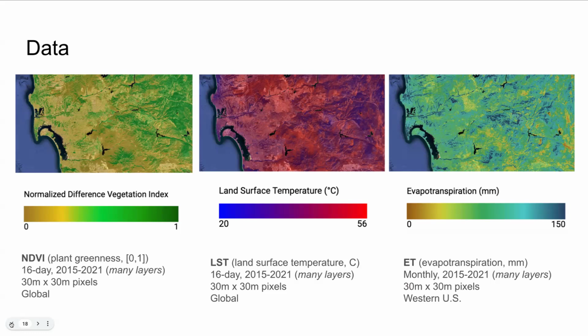And every 16 days between 2015 and 2021, we have an image of NDVI and of the land surface temperature. And then finally, evapotranspiration. We also have that, monthly in this case. So, we'll get 2 LST observations per month, assuming there are not clouds, but only 1 ET evapotranspiration observation per month. Again, it's 30 by 30 meter pixels.